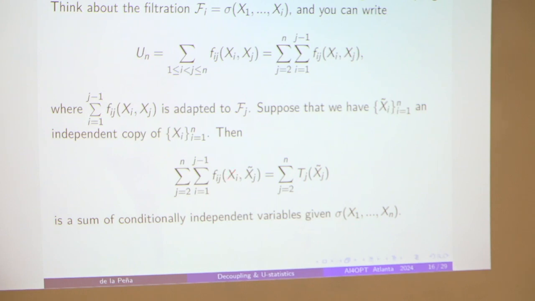So we have a sum of conditionally independent variables given the x's. Any questions?